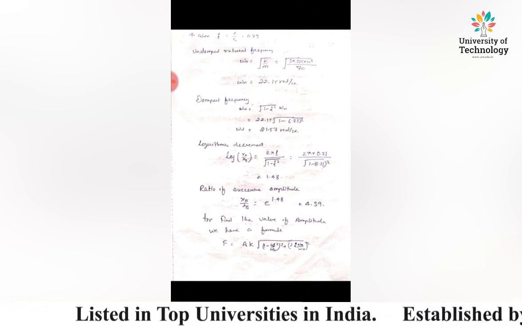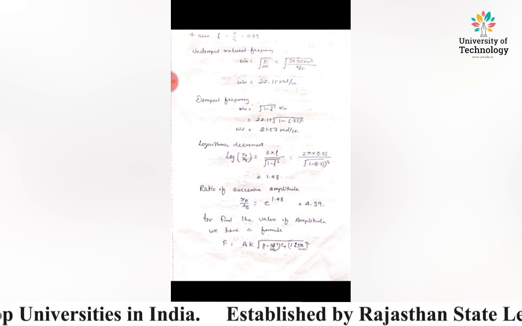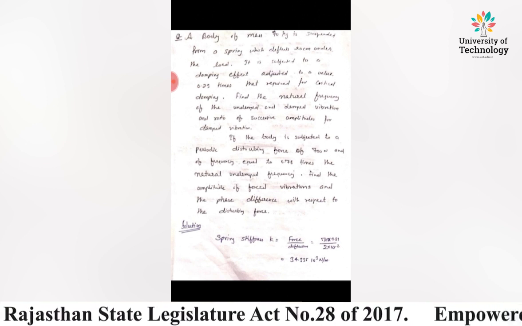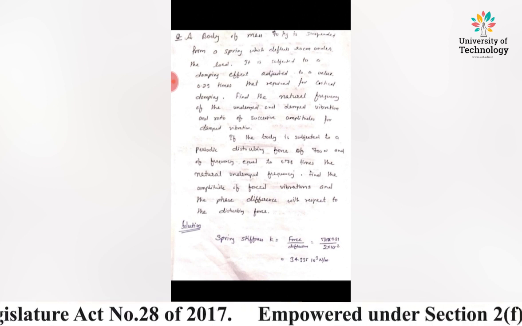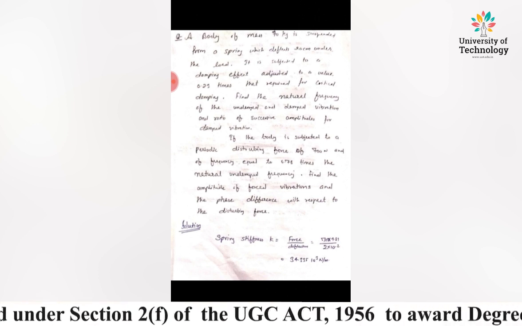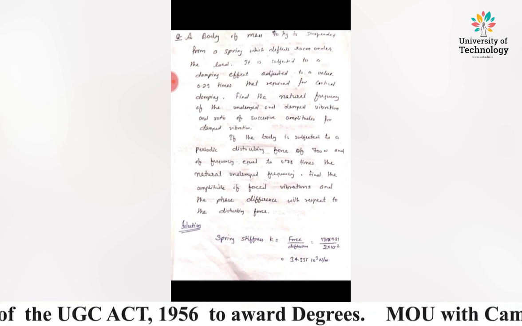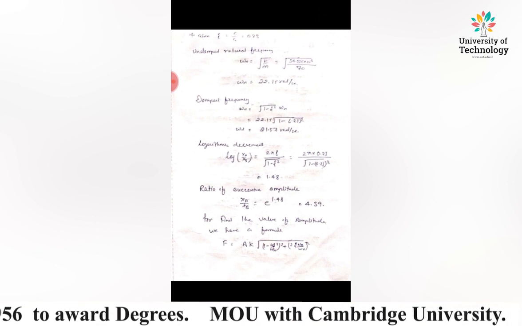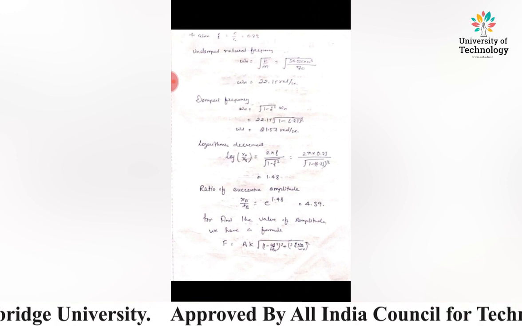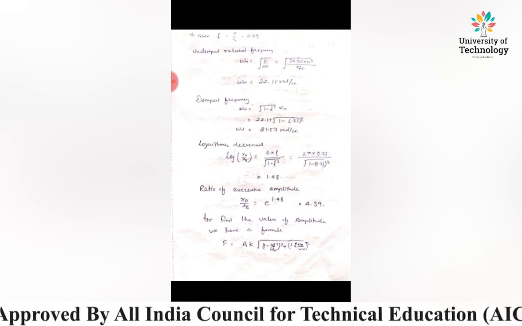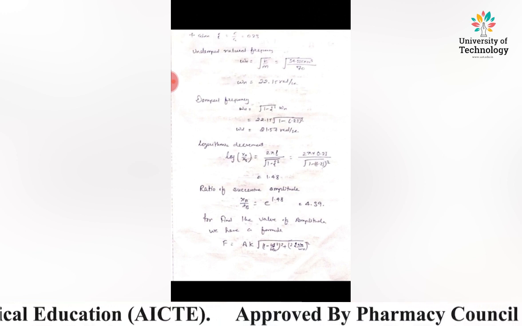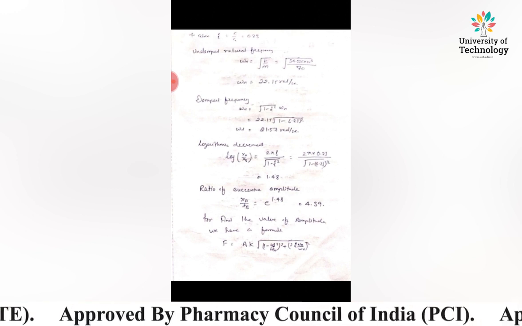And next we have to find logarithmic decrement. The question says that we have to find the amplitude ratio, that is the ratio of successive amplitude for the damped vibration. Then the logarithmic value of successive amplitude, means xa by xb. We know from the formula, that is 2 pi zeta upon root 1 minus zeta square.